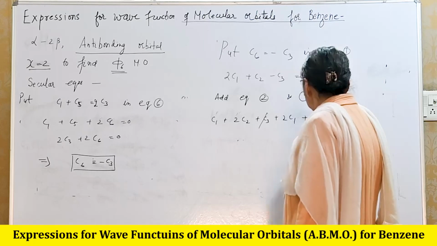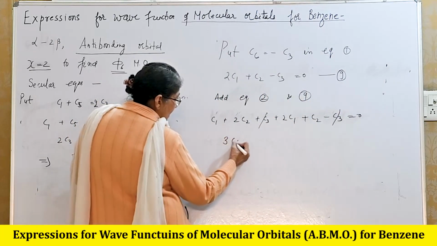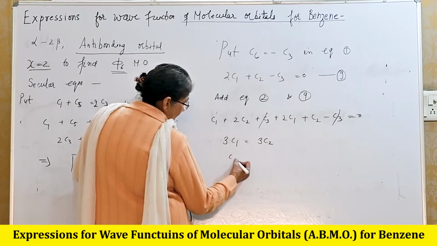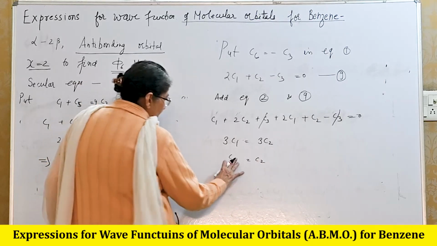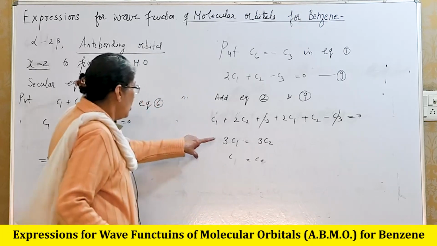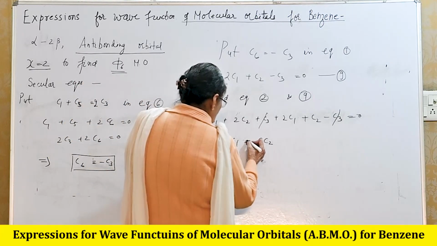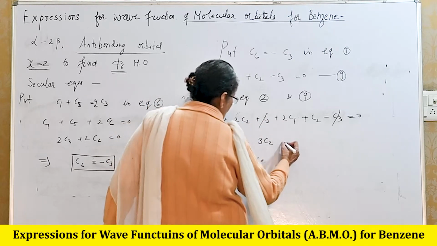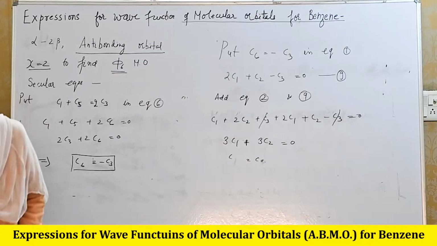C3 and C3 cancel, therefore we get 3C1 plus 3C2 is equal to 0, therefore C1 is equal to minus C2.